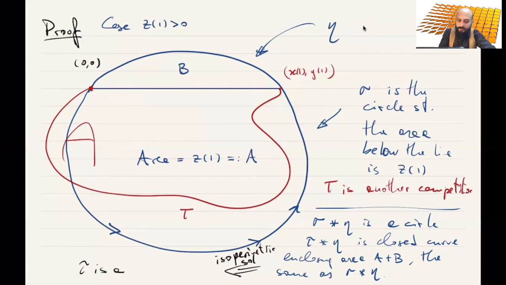So if it is a different curve, it is really longer, strictly longer. So let's make it clear: if tau is another competitor, different, even up to reparameterization, than sigma, then tau is strictly longer than sigma. And this completes the proof.